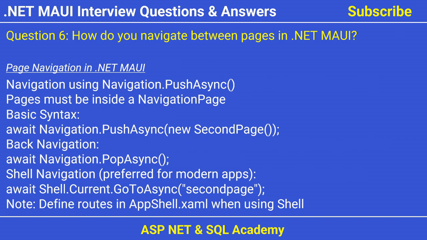In .NET MAUI, navigation between pages can be done in two main ways: traditional navigation and Shell navigation. With traditional navigation, you wrap your pages inside a NavigationPage, then use PushAsync to navigate forward and PopAsync to go back.